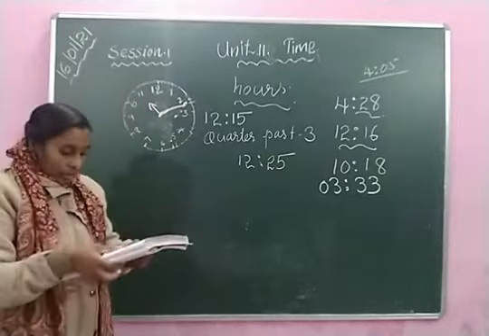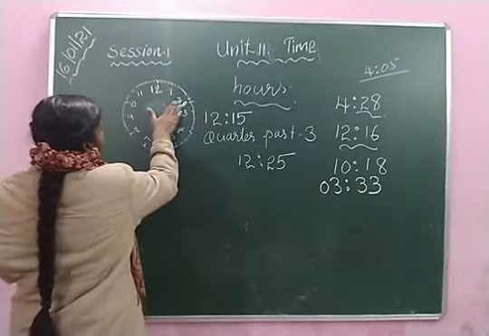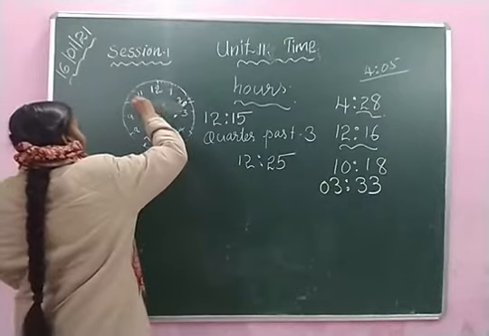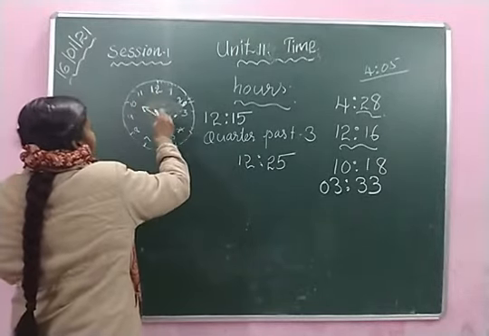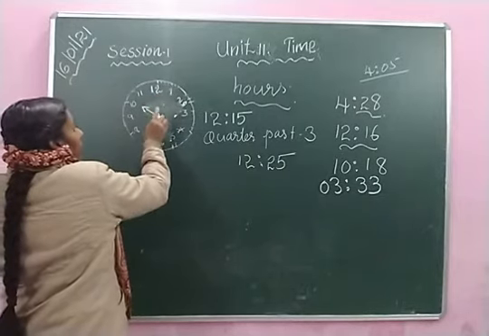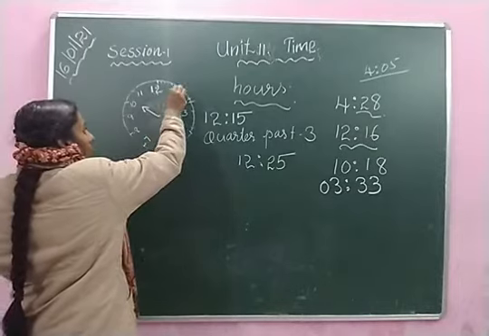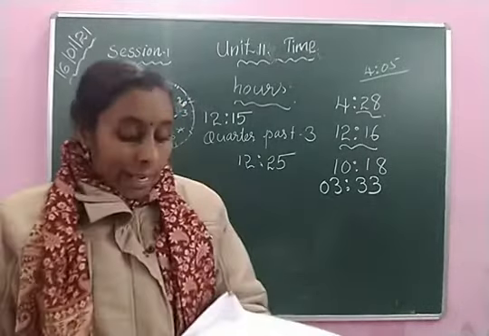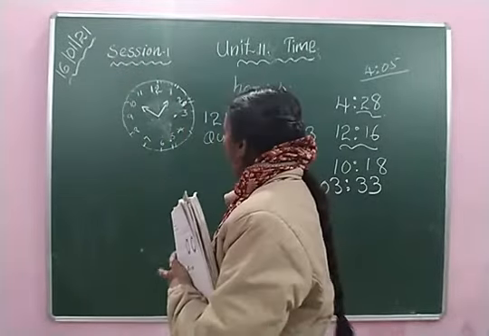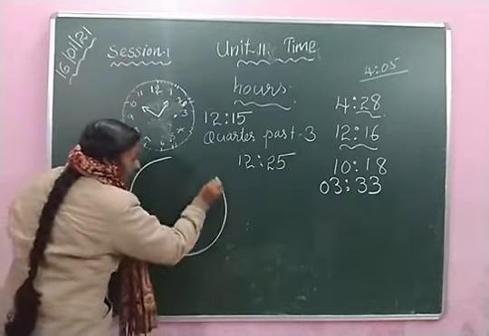Then 10:07. 10:07 means the short hand is at 10 and the long hand is at 1 past 5: 10 o'clock comes here, then 5, and 10:07 means here. Then 8:17. How can we show 8:17? I will show you here.